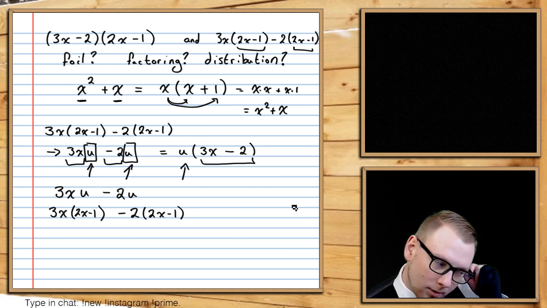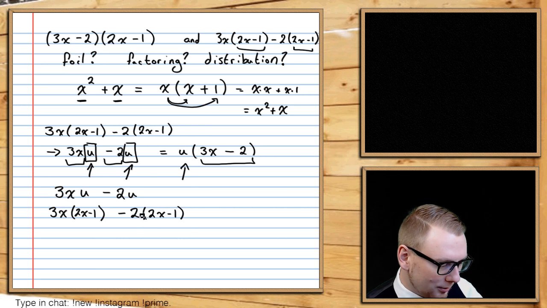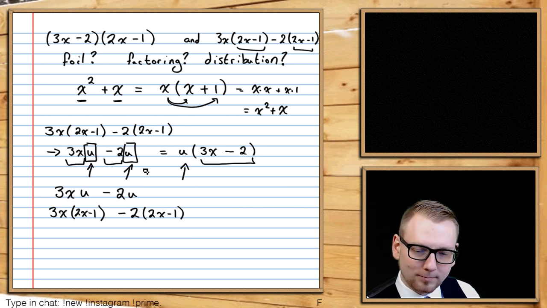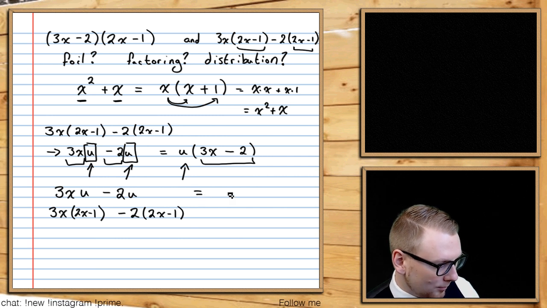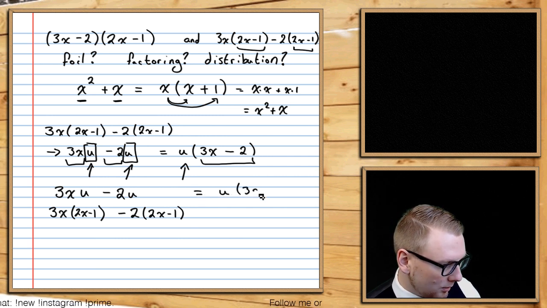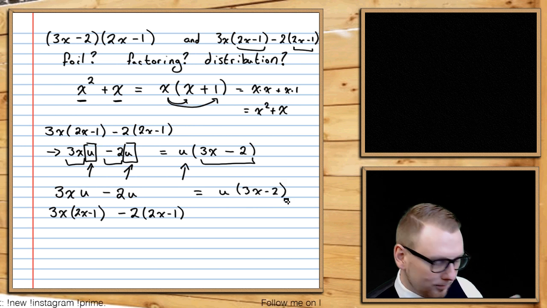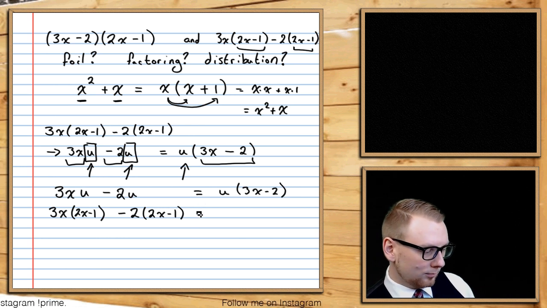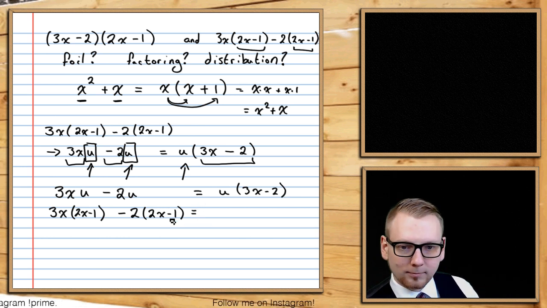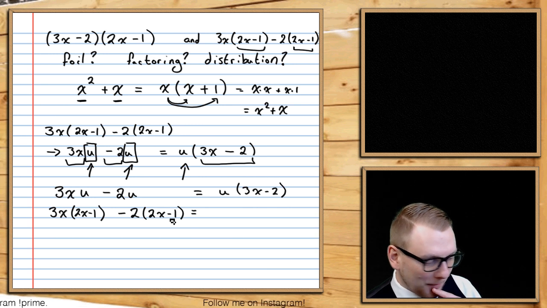So what is the difference between these two equations? We solve this to 3x minus 2. You're not sure? Okay, okay.